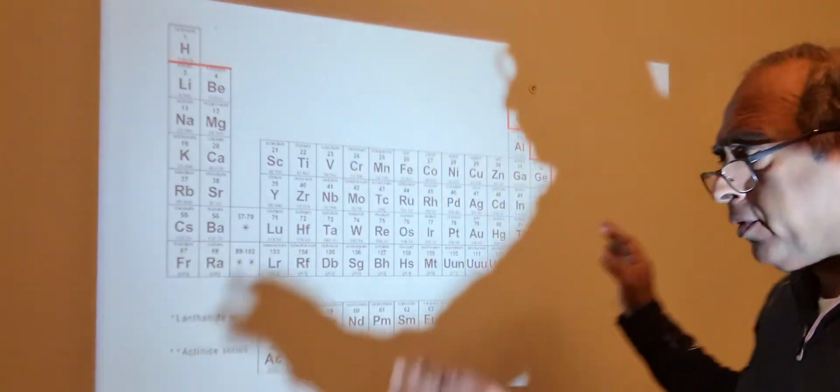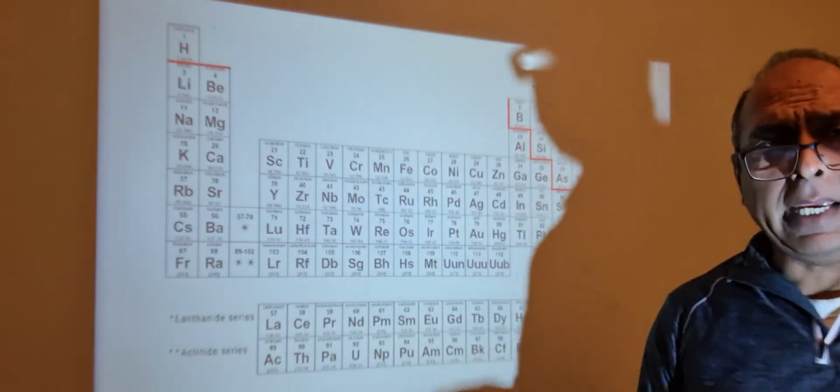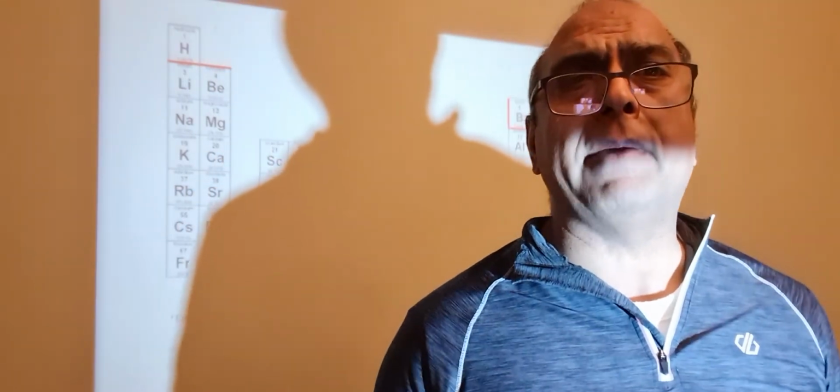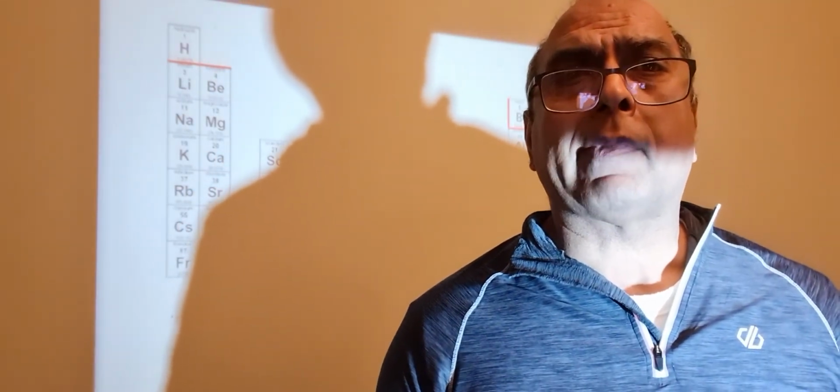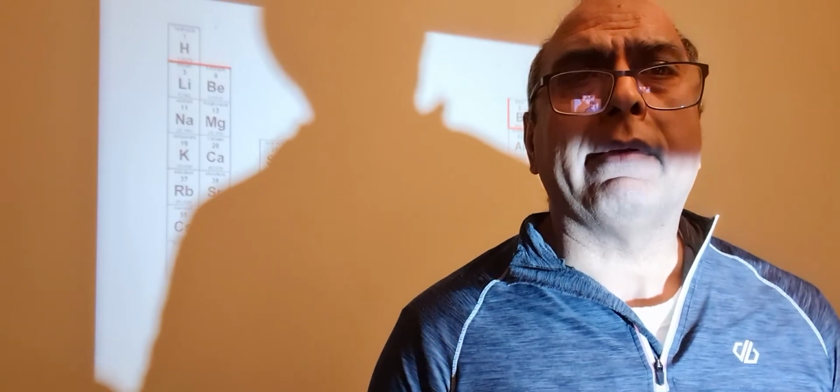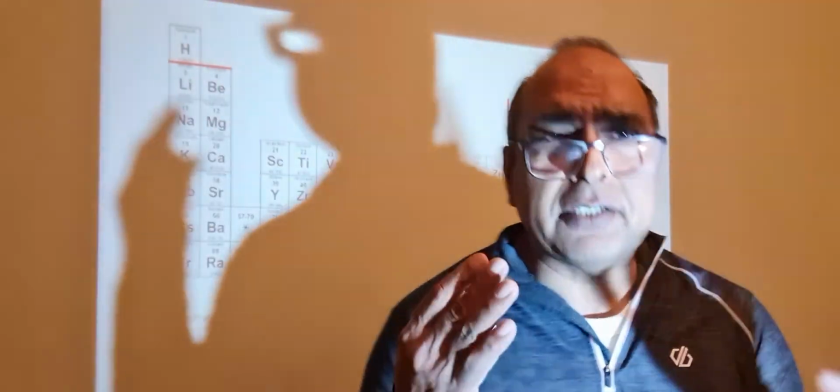So the periodic table of elements is the materials from which our universe is made. They're our starting point. It's a bit like, how many letters of the alphabet do we have? Well, we have 26 letters. From those 26 letters, how many words can we make? We can make millions of words.